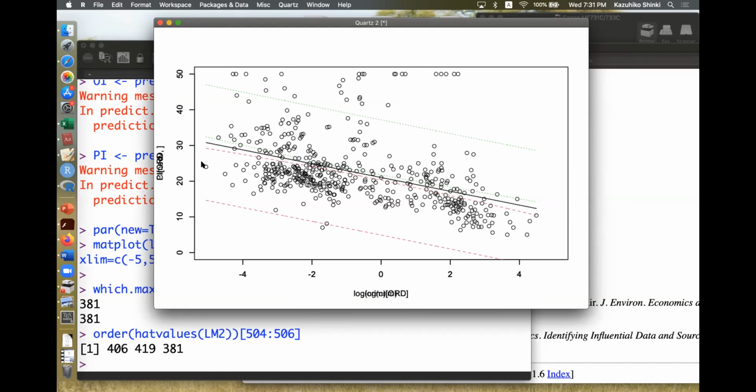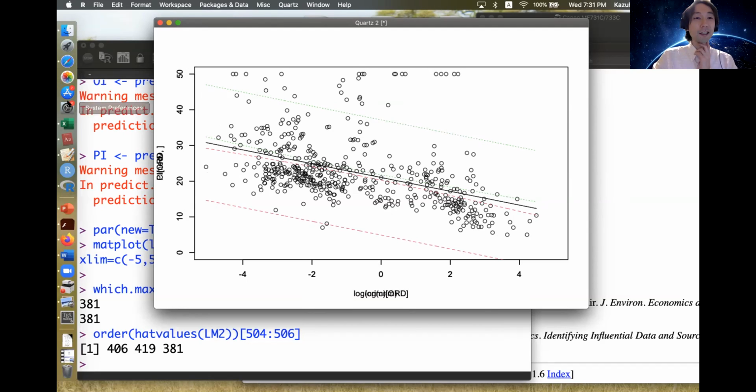Actually, these are not outliers here, but if this observation, for example, is around here, then it has much higher influence on this regression line, right? If this observation moves here, then maybe the regression line is much steeper. And if observations are around here, maybe this line becomes almost flat. So one observation on the left-hand side, left end or right end, has much higher influence.